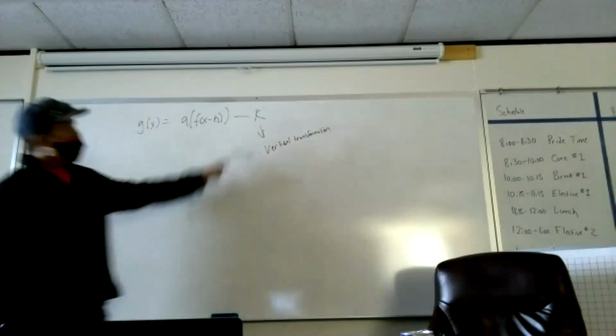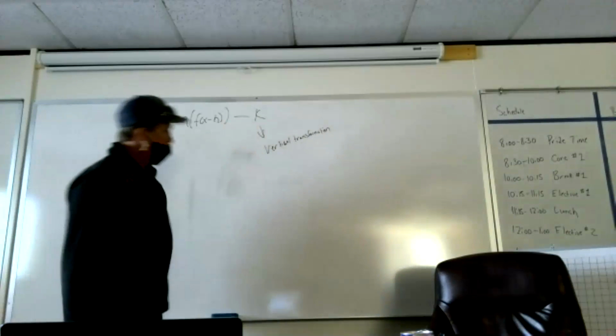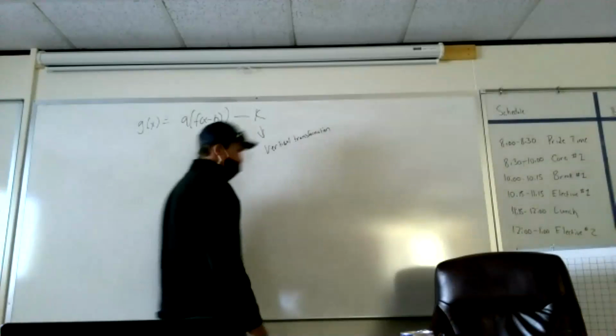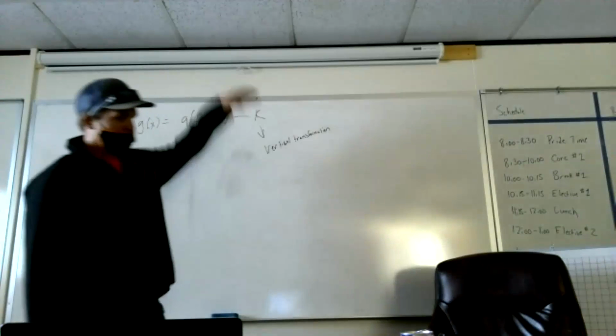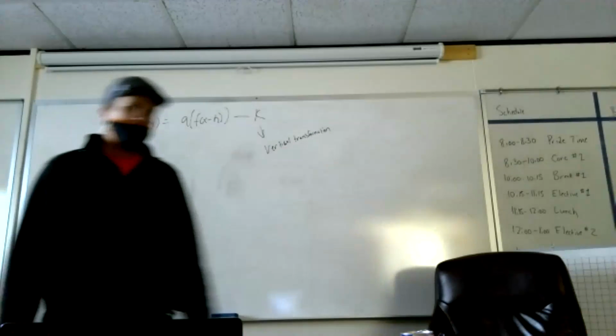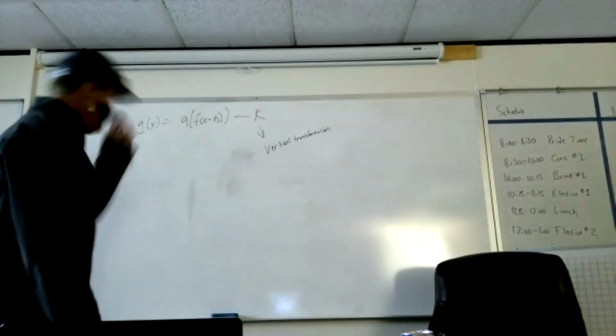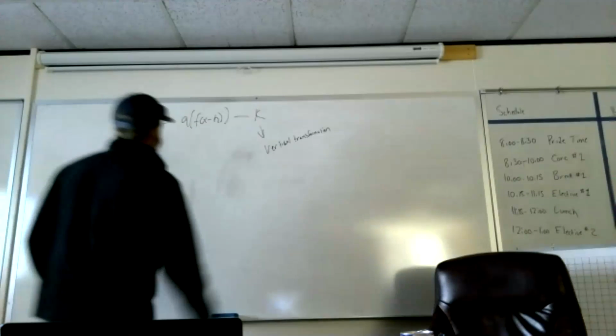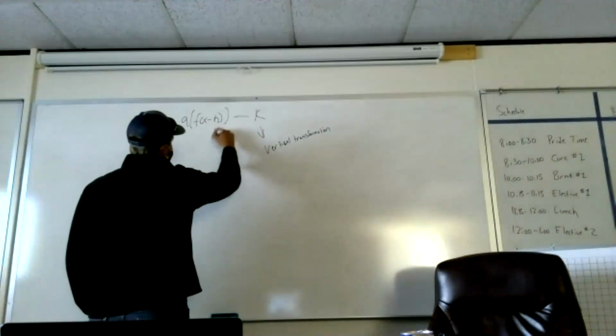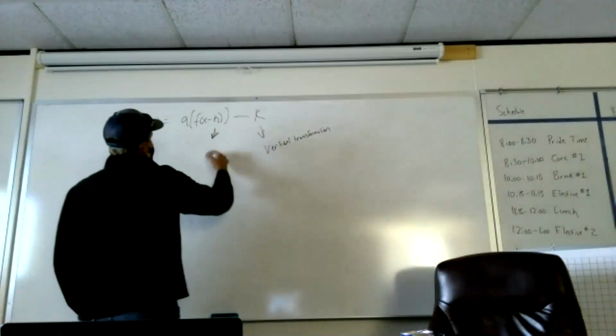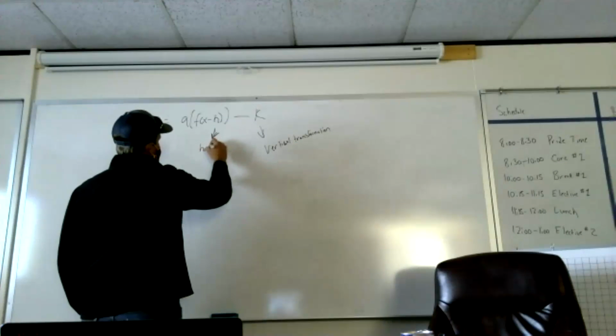Okay, this k on the outside is for a vertical translation, meaning the graph is going to slide up and down. Kind of like adjusting your y-intercept for a linear function. This h, okay, this is your horizontal translation.